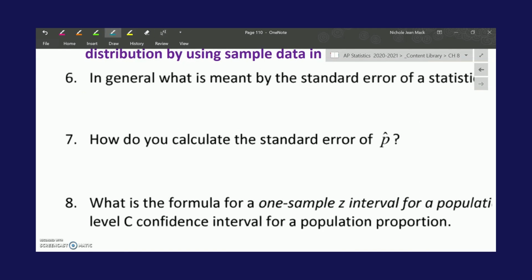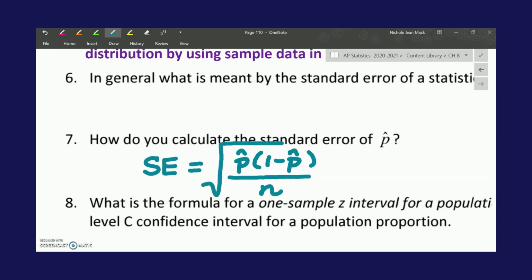So if you're ever asked to calculate the standard error, that's going to be equal to not p, but p hat times 1 minus p hat divided by n, and you take the square root of that whole fraction. So it's the same thing as the standard deviation of the sampling distribution, but sometimes we don't know p. So if you have to use p hat, it's no longer called standard deviation, it's called standard error.